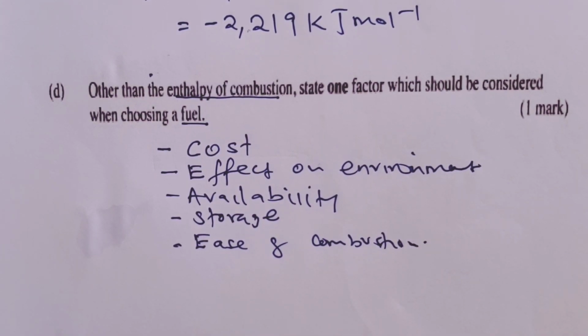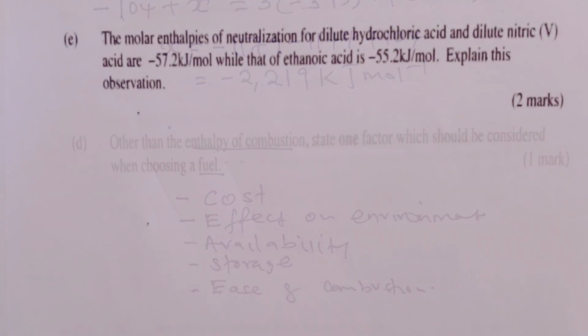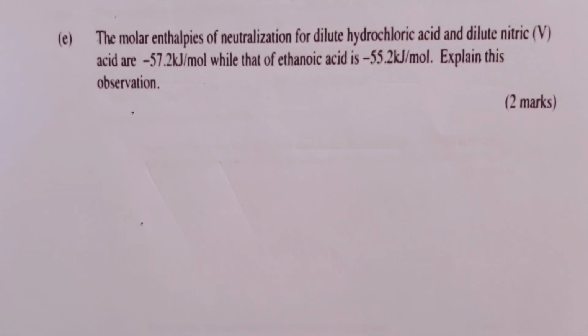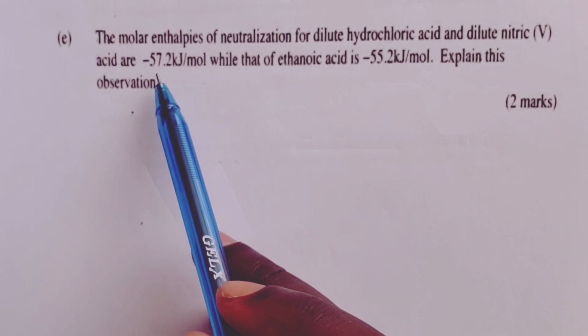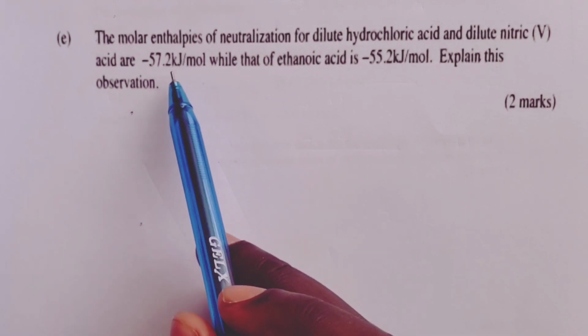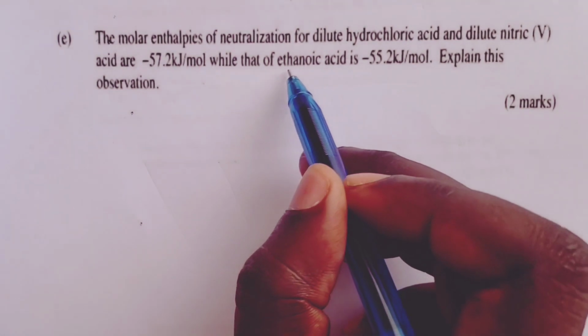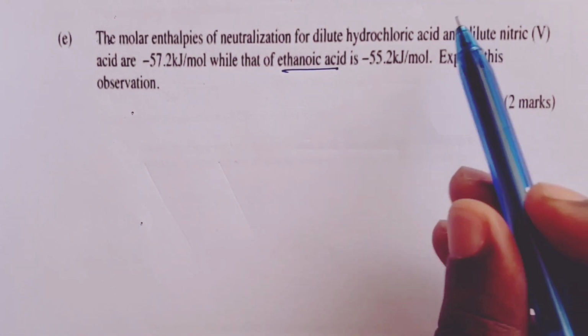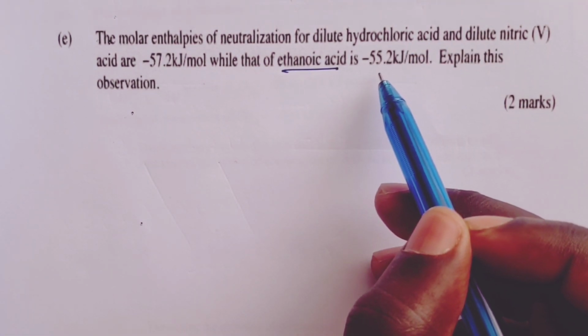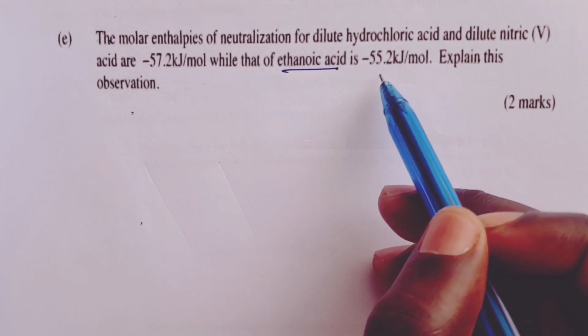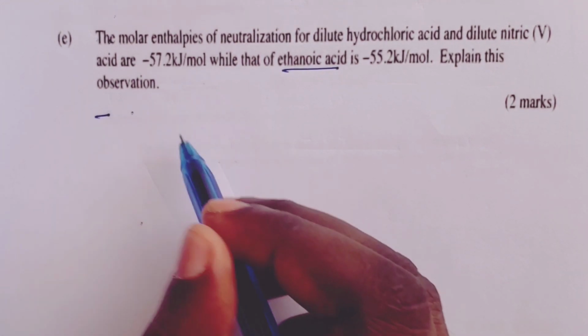The final question for number 7 stated that the molar enthalpies of neutralization for dilute hydrochloric acid and dilute nitric acid are negative 57.2 kilojoules per mole, while that of ethanoic acid is a bit lower, negative 55.2 kilojoules per mole. We were told to explain this observation for 2 marks.